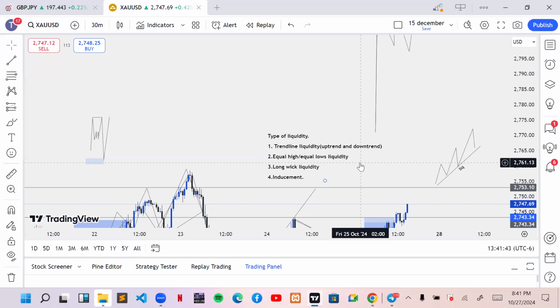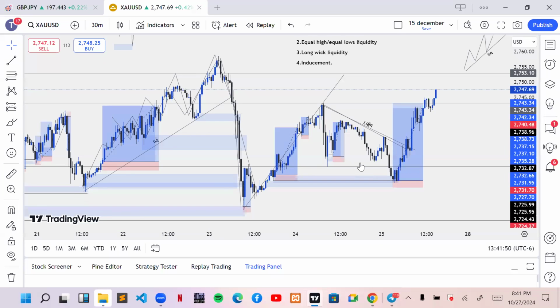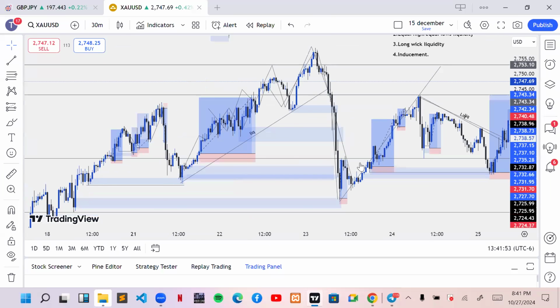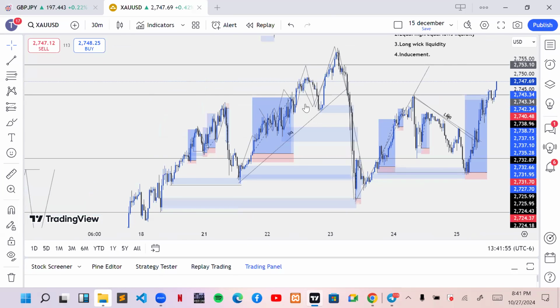Also, another place to take your take profits is using a valid point of interest. For example, let's say you take a buy now, and there's an order block up here. Before you can consider using that order block as a take profit, you have to check if it fits the criteria of picking a proper point of interest.